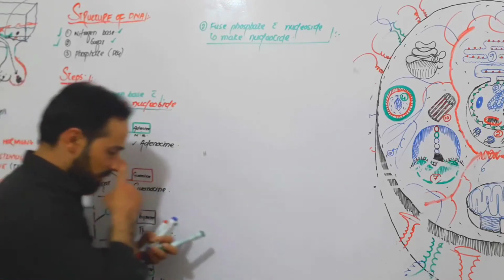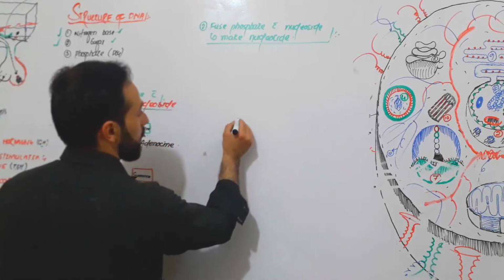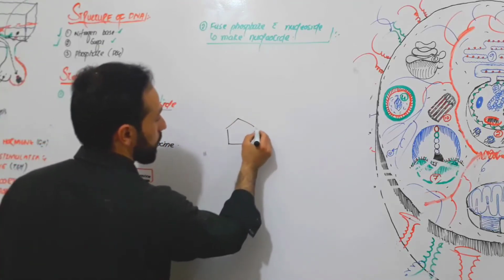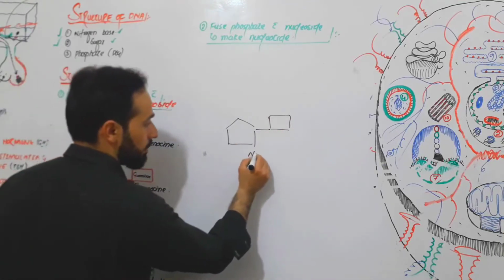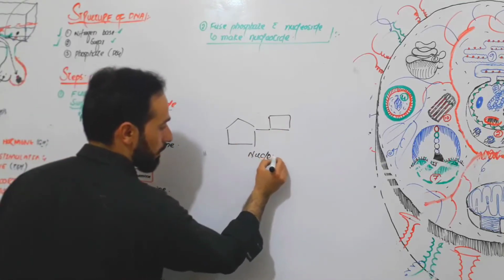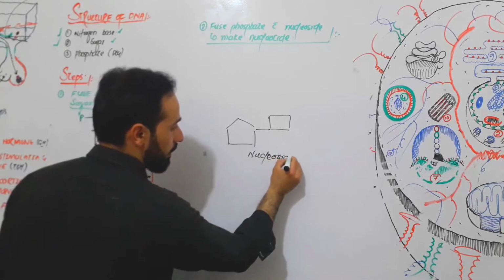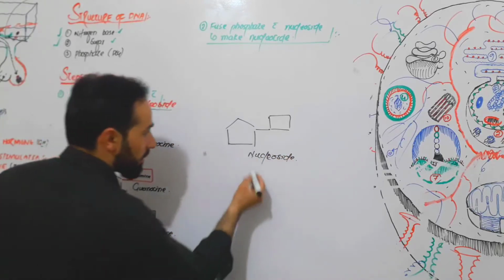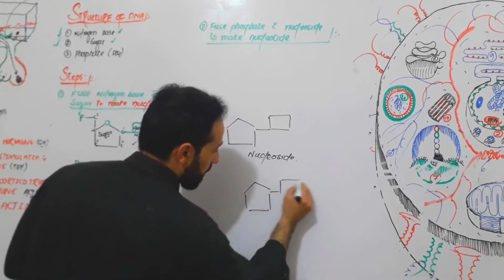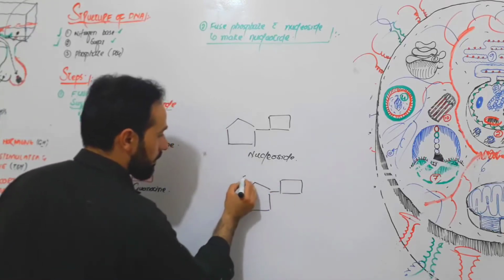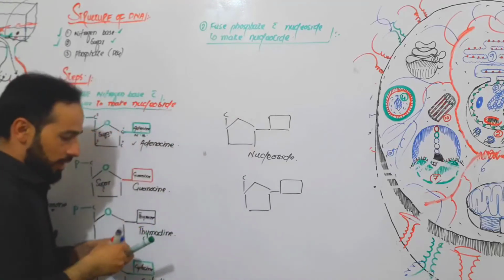Now look carefully. When sugar was combined with nitrogenous base, we called this a nucleoside, right? But if we combine phosphate with this nucleoside, what happens?